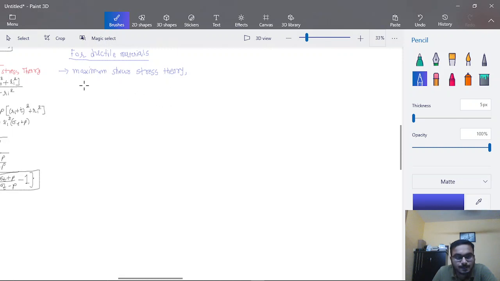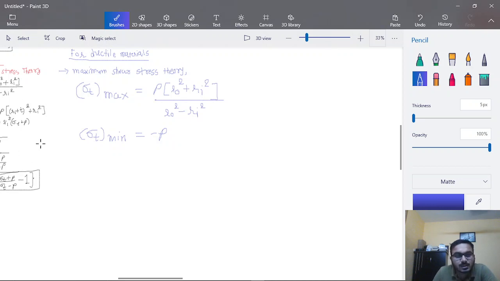So sigma T maximum is equal to P into Ro square plus Ri square divided by Ro square minus Ri square, and sigma T minimum is equal to minus P. Let me remind you that we have already obtained these formulas in our previous derivations.